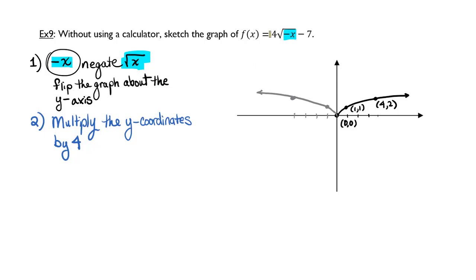Now, we are scaling the y coordinates by 4. When I do this, my 1 becomes a 1 times 4, which is 4. So my first point is now negative 1, 4. And my negative 4, 2 becomes a negative 4, 8.